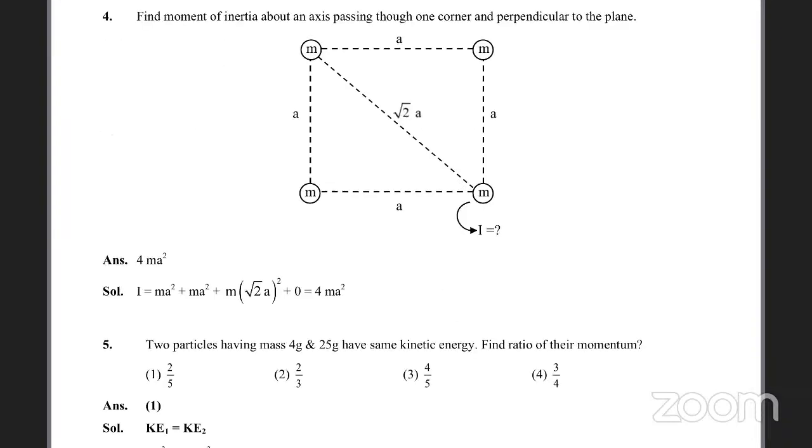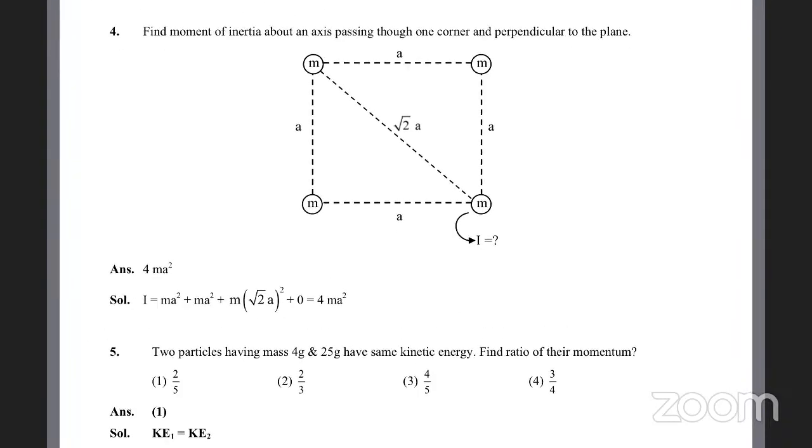Now look at this. It is based on moment of inertia. There is a system. The axis is passing through one corner and perpendicular to the plane.